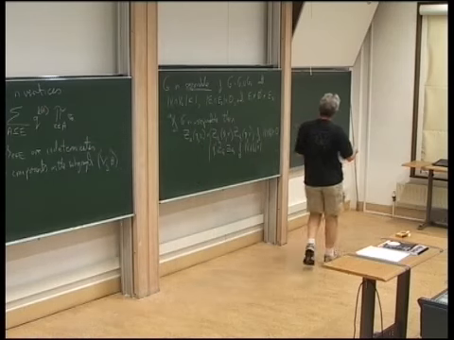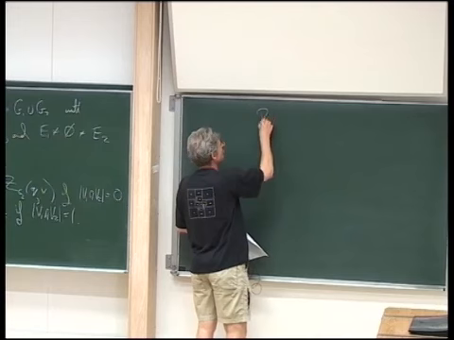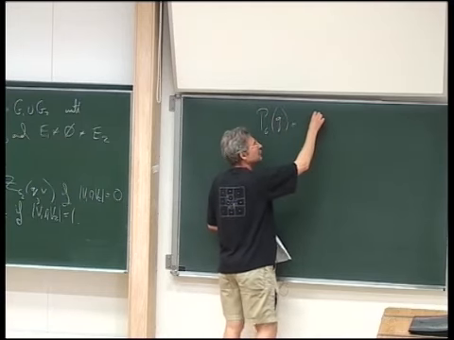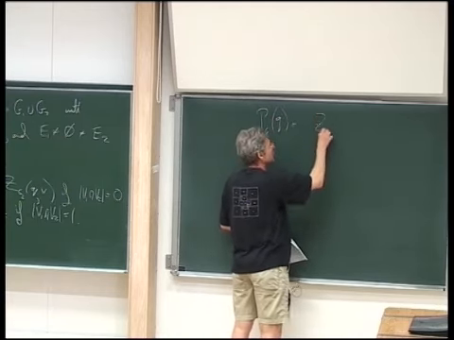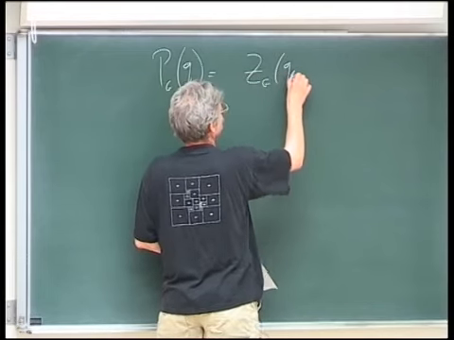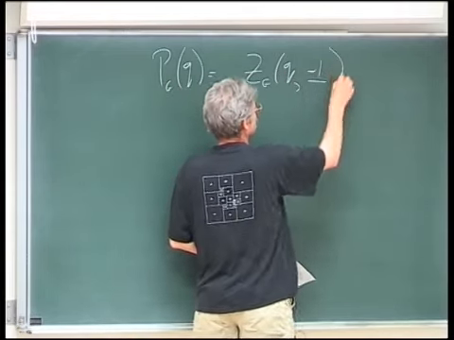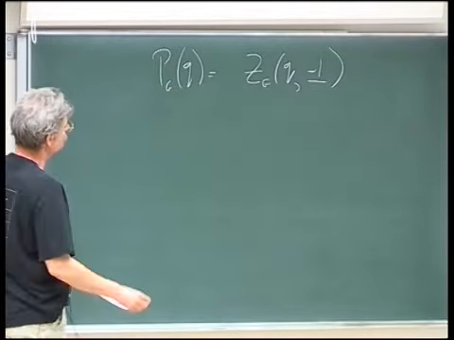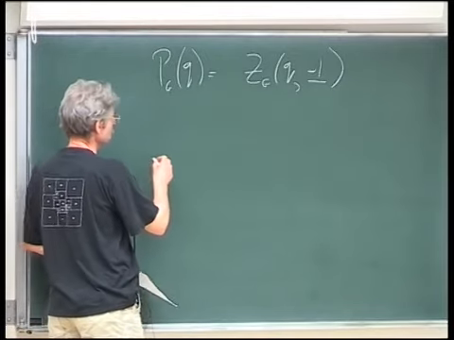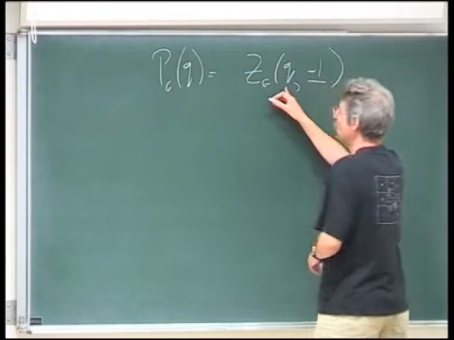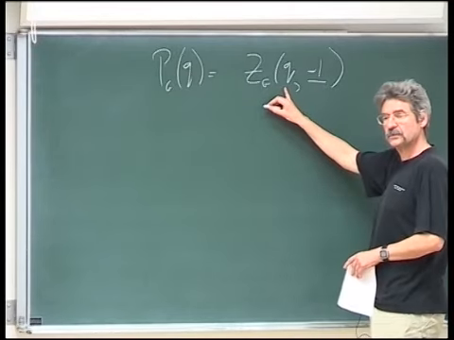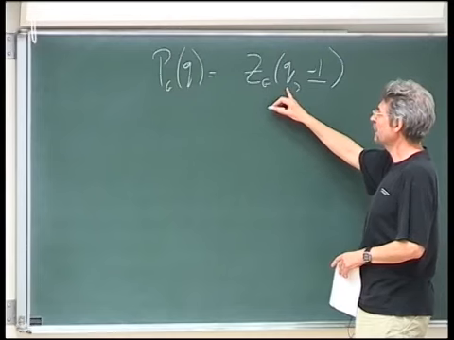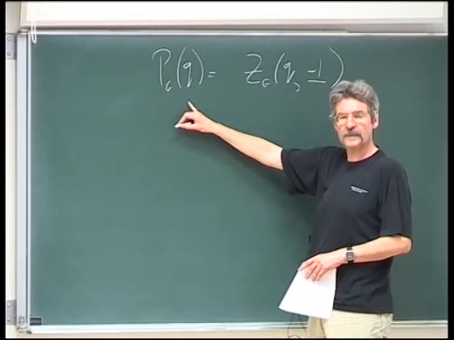So the chromatic polynomial of J is Z_J(q, minus 1). So minus 1 everywhere. And it's known that this is just a one variable polynomial. So it's known that we know some zero-free intervals on the real line for the chromatic polynomial.